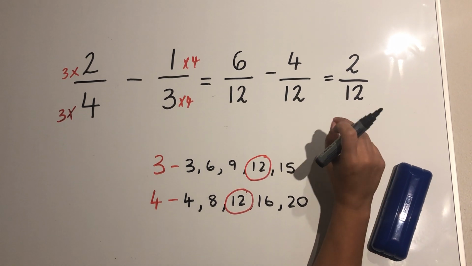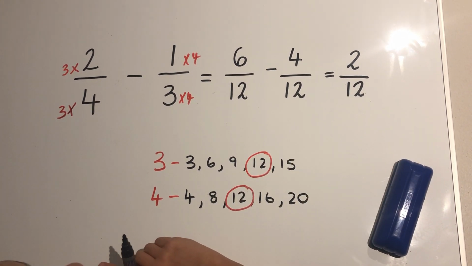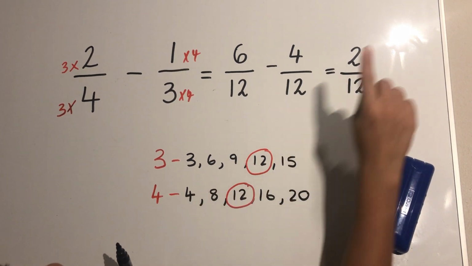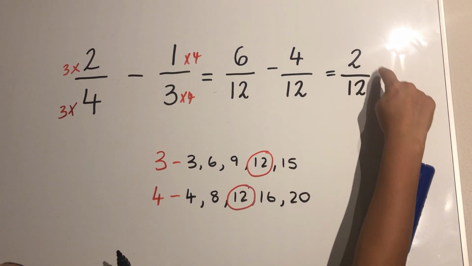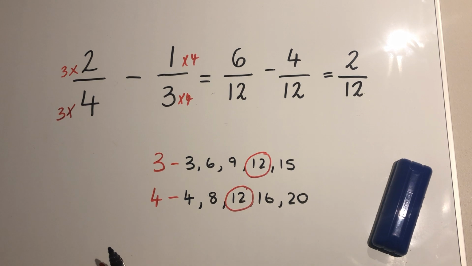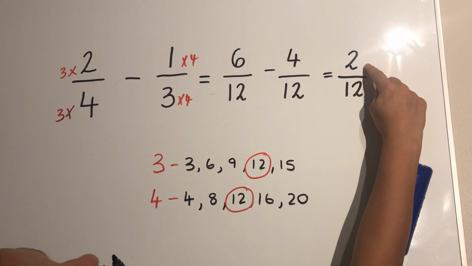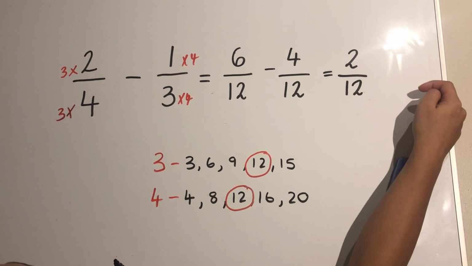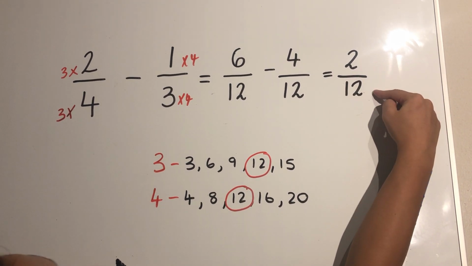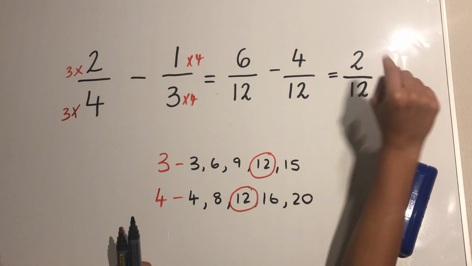We need to see, can we simplify it? So is there a number that goes into both 2 and 12 equally? And often what I do is, I like the trick before, I check, does the smaller number go into the higher number? Does 2 go into 12? Yes, it does.